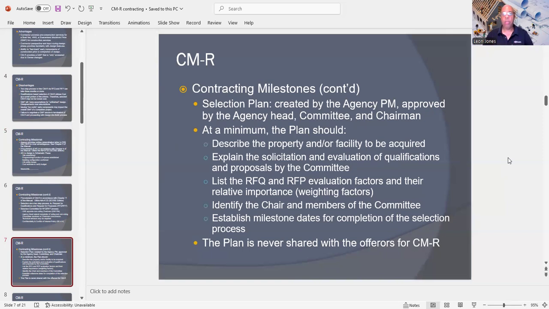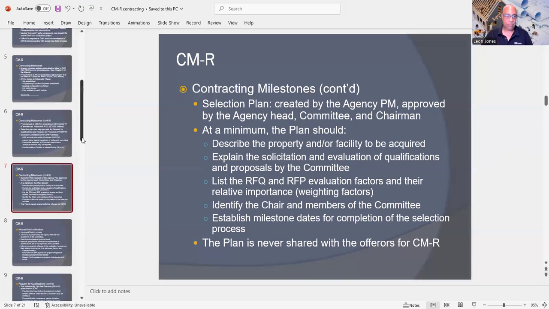And also, you're going to list the RFQ and RFP evaluation factors in their relative importance. So you're going to use the weighting factors. And then you're going to identify the chair and the members of the committee. You're also going to establish milestone dates for completion of the selection process. And the plan should never be shared with offerers for the CMAR.